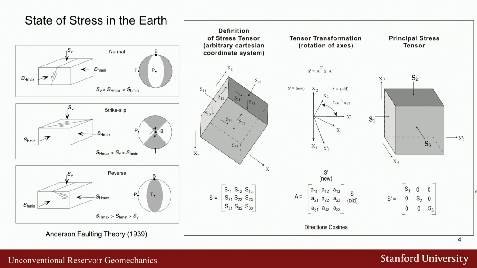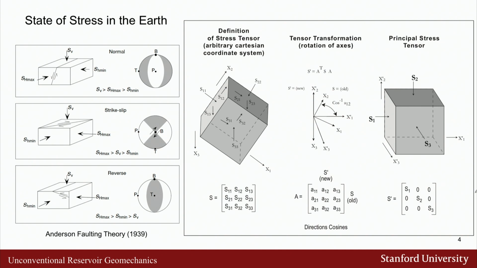What's really nice about this is we can describe the stress field with just three numbers, the vertical stress and the two horizontal stresses, and one orientation, which is usually the angle that S1 makes with respect to north. So three magnitudes and one direction allow us to fully describe the stress field. Now, if you're in an area of steep topography or next to a complex salt dome or something like that, these simple definitions no longer are applicable.